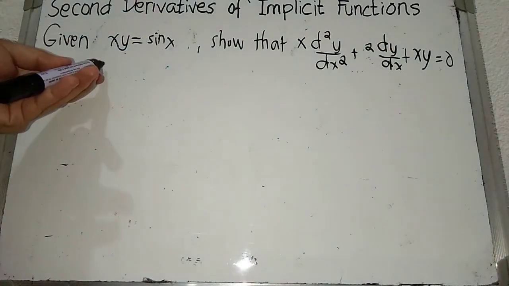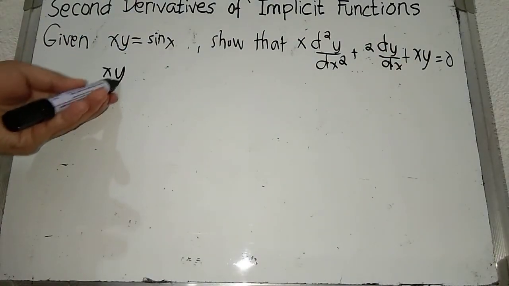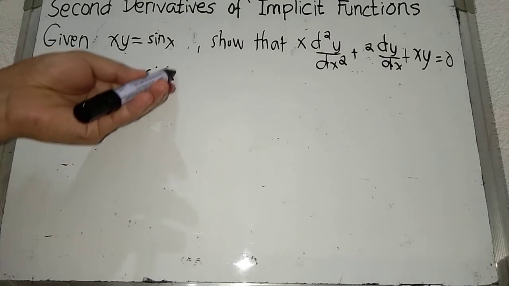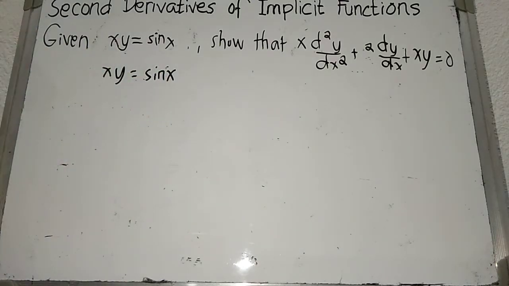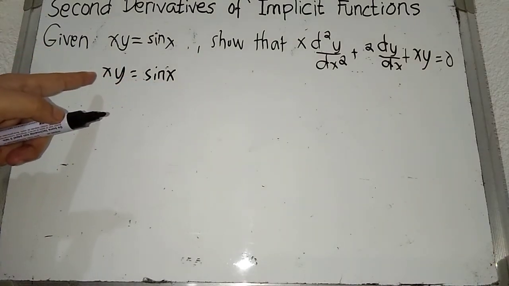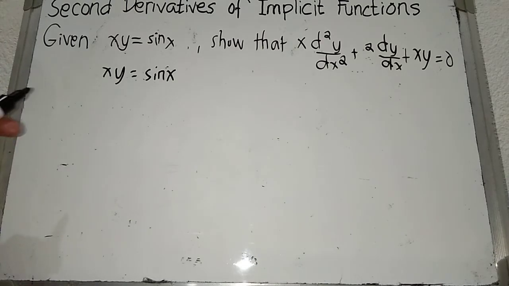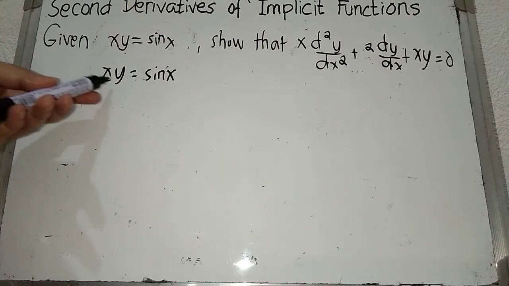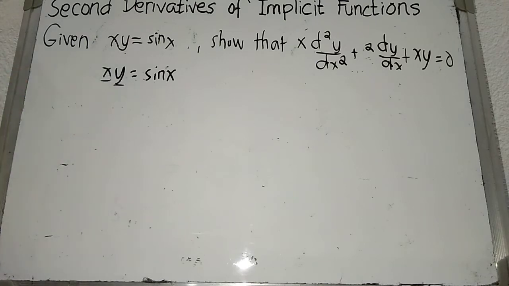So first thing to do is copying the function xy equals sine x. Then we are going to differentiate both sides of our function. We will get the first derivative. Take note, this is product rule. Our first function is x and our second function is y. So we are going to use product rule.